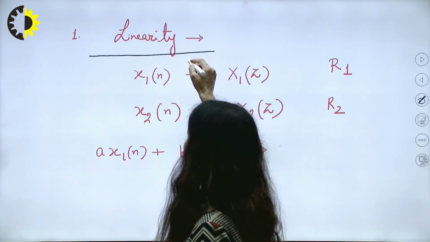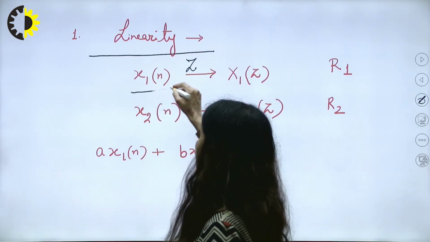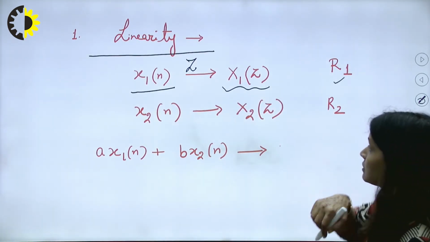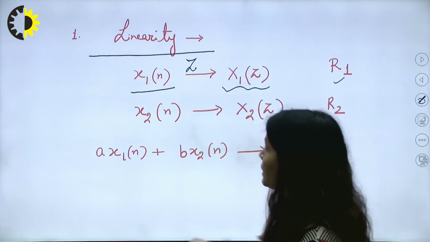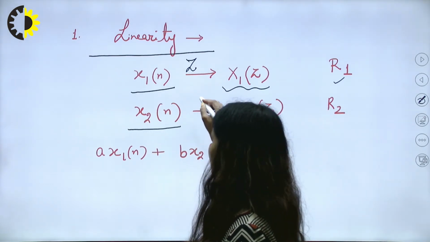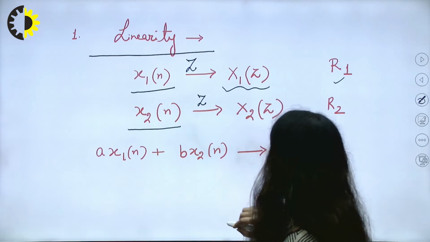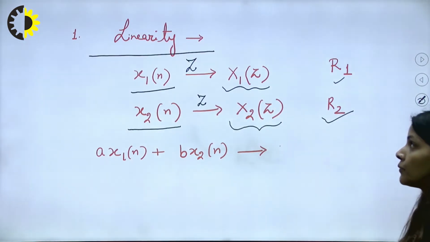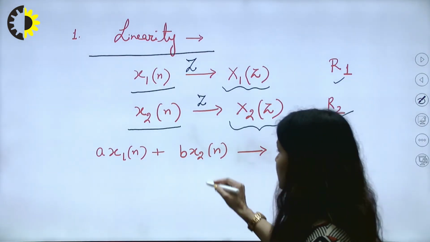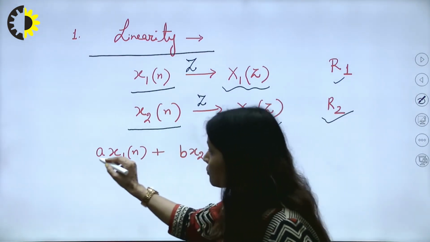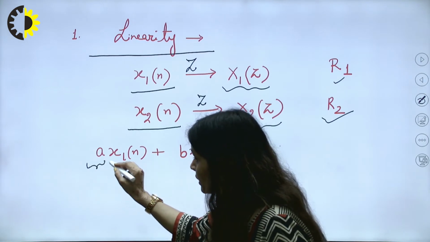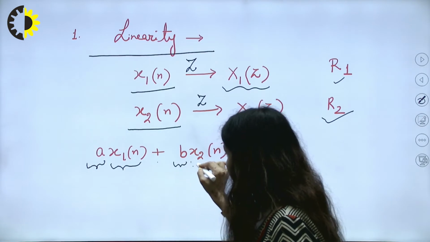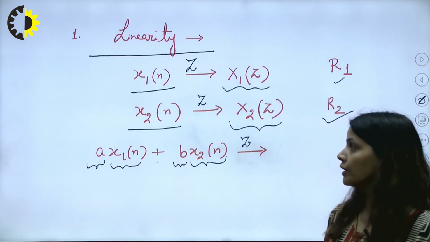If the Z transform of x1[n] is X1(z) with region of convergence R1, and the Z transform of x2[n] is X2(z) with region of convergence R2, then what should be the Z transform of a·x1[n] plus b·x2[n]?